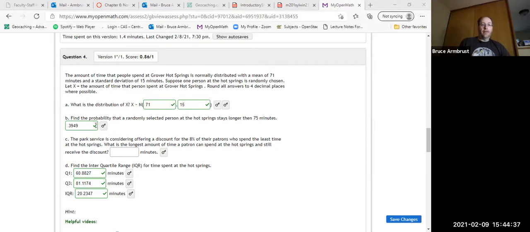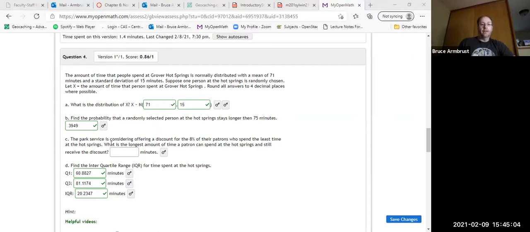Okay, so then find the probability that a randomly selected person stays longer than 75 minutes. So that one, we can use the normal CDF, right? Normal CDF, going from 75 to infinity, basically, and ends up giving us about 40%.